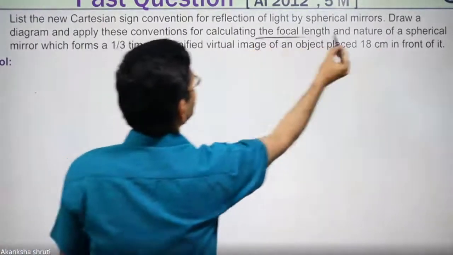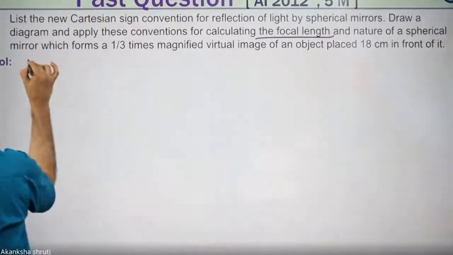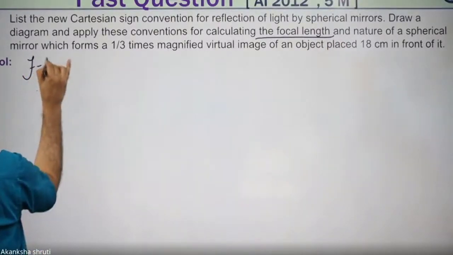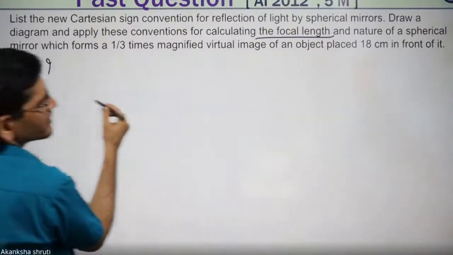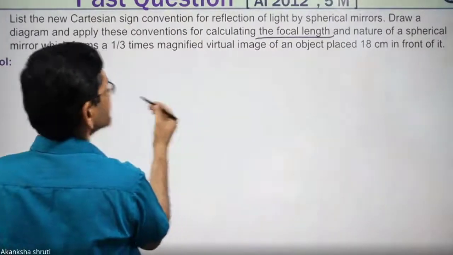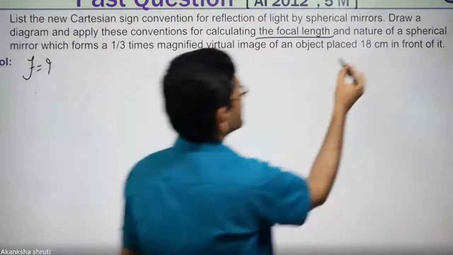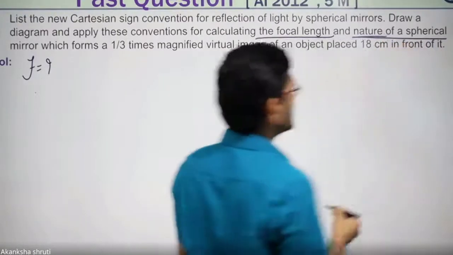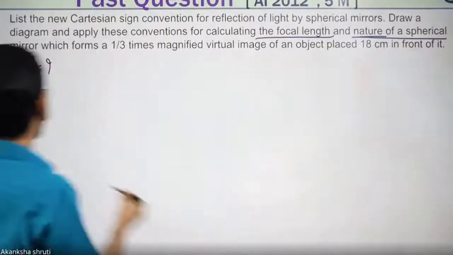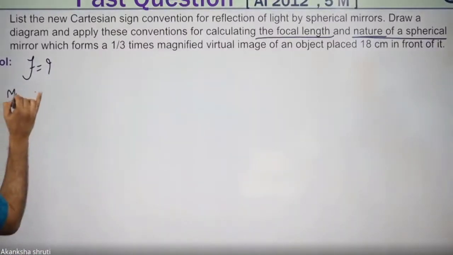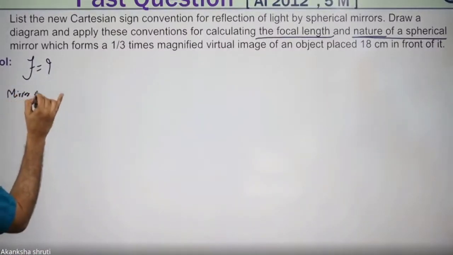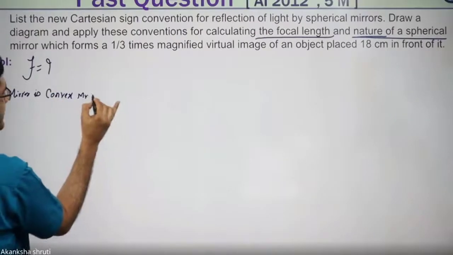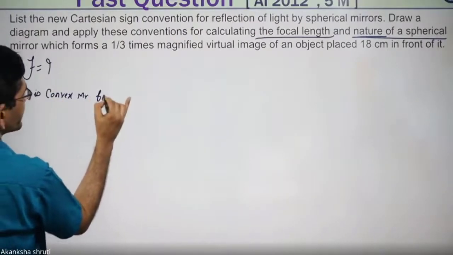So calculate the focal length. So the question is, focal length is equal to what? Nature of the spherical mirror. See here, the first thing in the question was the nature of a spherical mirror. So from our discussion, we can directly write: mirror is convex mirror. Because why?